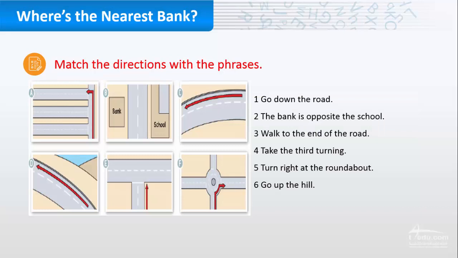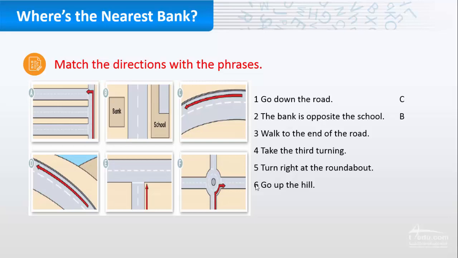Match the directions with the phrases. We have here A, B, C, D, E, F, okay? And we have from 1 to 6. For example, go down the road. Is it A or B or C or D, E, F? Excellent, it's C. 2, the bank is opposite the school.